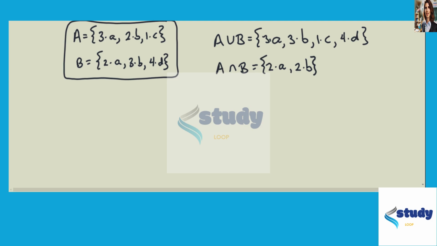Now let's look at the differences, and we'll go both ways. We'll find the difference A minus B, and we'll find the difference B minus A. So A minus B first. We're going to look at how many are in A minus how many are in B. If that's a positive number, we're going to include it. If it's a negative number, it's going to be 0 of that element.